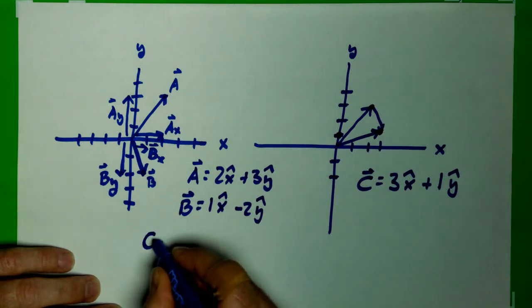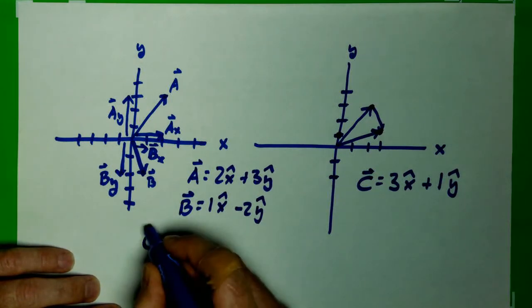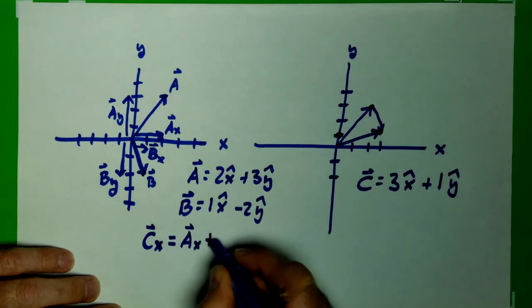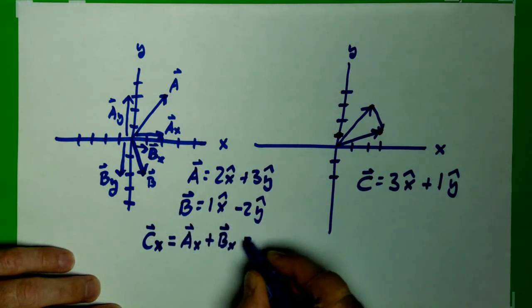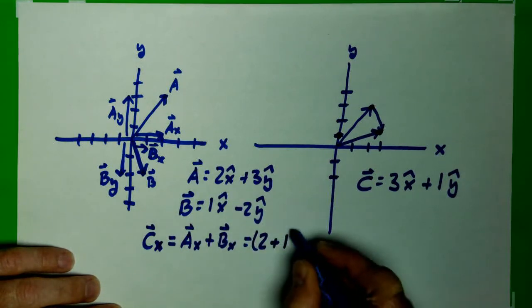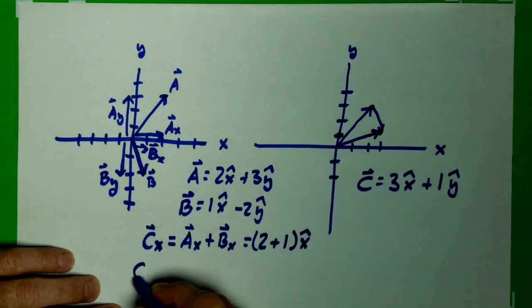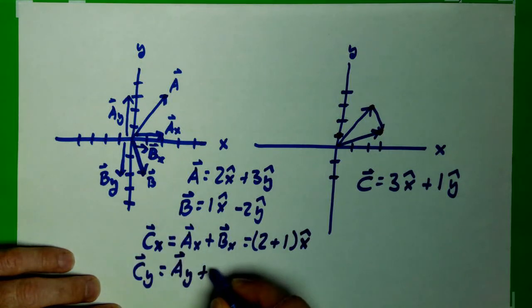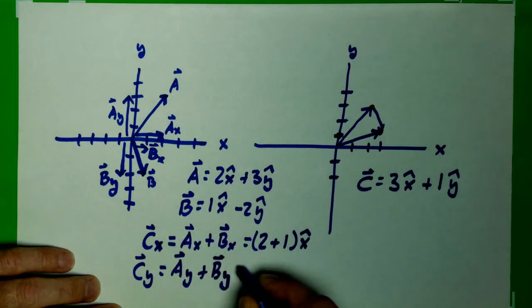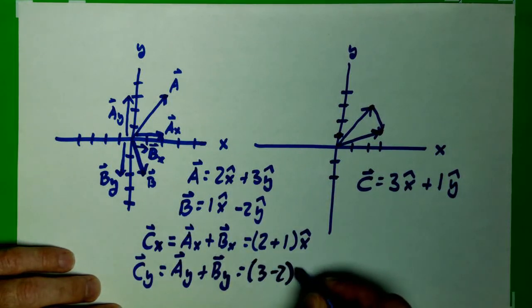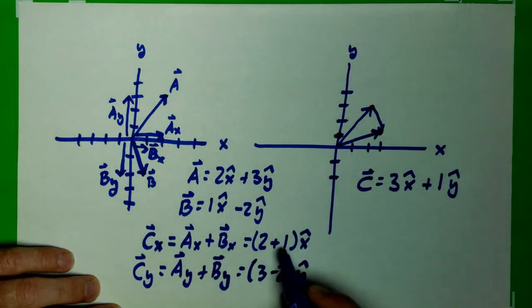And Cx is equal to Ax plus Bx, which is equal to 2 plus 1, x hat, and Cy is equal to Ay plus By, and that's going to be equal to 3 minus 2, y hat, giving us 3 x hat and 1 y hat.